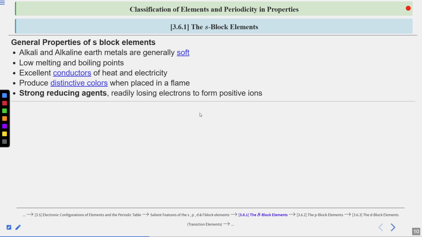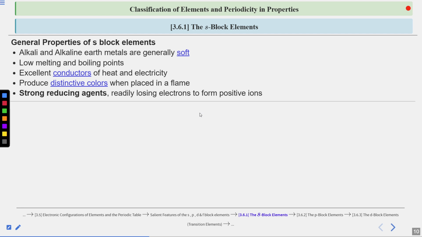The most important point, they are strong reducing agents. Now you won't have an idea of what is reducing agent and all. So I'm giving a very short overview here. Those species which are capable of donating electron are called strong reducing agents, because if it is giving electron to someone else, then that substance will get reduced. So this is the proper definition of reduction, that if an element accepts an electron, it gets reduced.